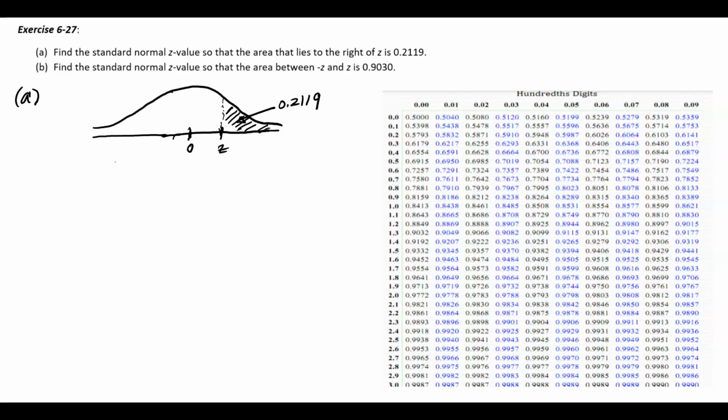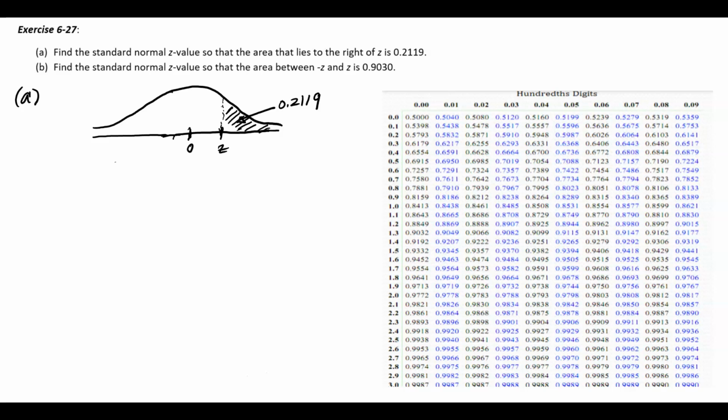Of course, we're going to have to use our standard normal distribution table. And don't forget that this table only gives us the probabilities that are to the left of z. This table gives us the cumulative distribution values, so these are the values that are less than z.